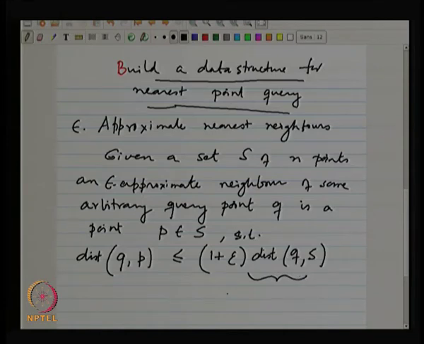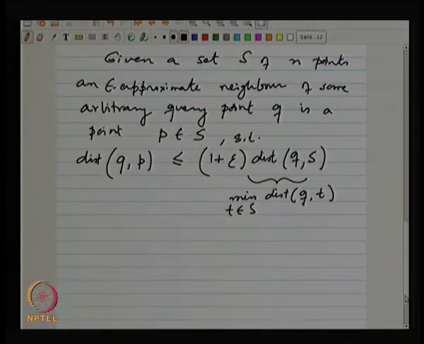So, this is basically min over all points, let us say T in S, of the distance.